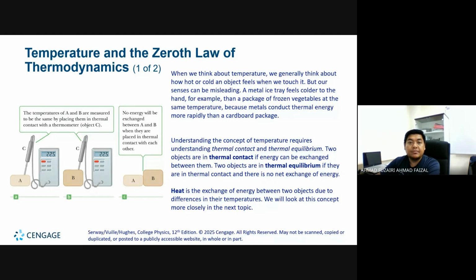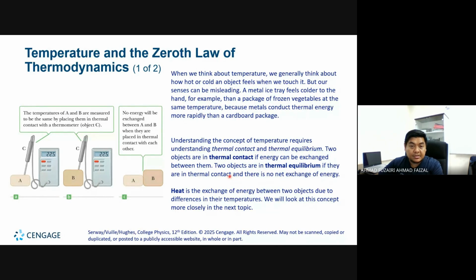Okay, so understanding the concept of temperature requires two terms, which are thermal contact and thermal equilibrium. When two objects are in thermal contact, ini nak faham zeroth law of thermodynamics, that means they touch each other and energy can be exchanged between them.